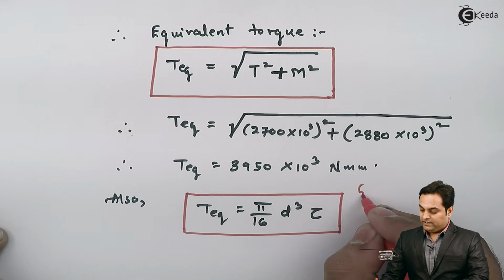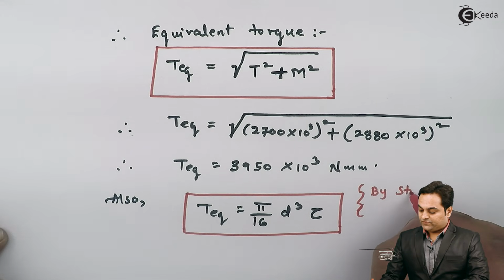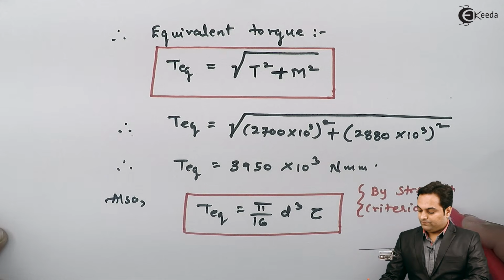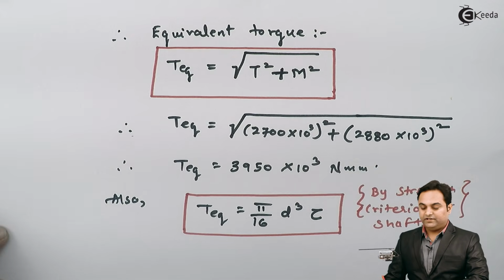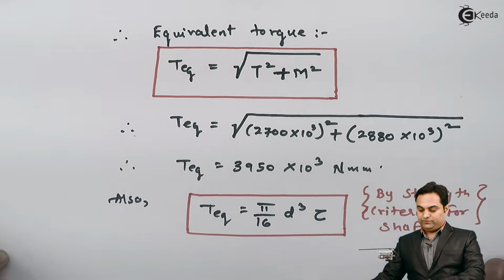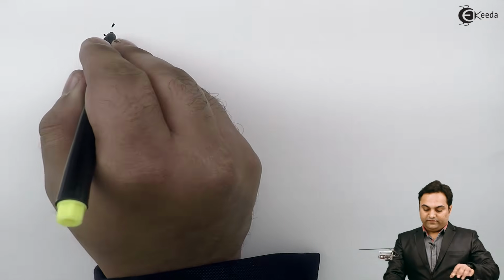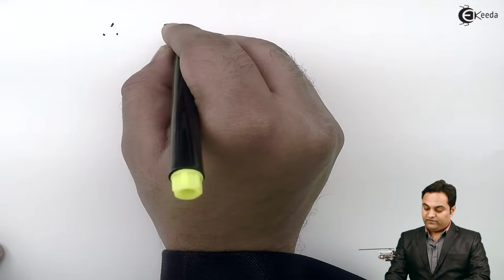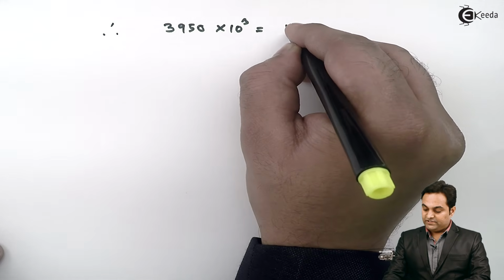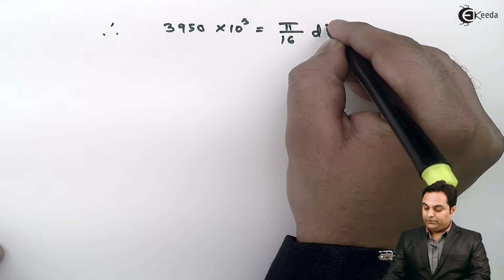This formula I can say that it is by strength criteria for shafts. This formula has come from the strength criteria. Now in this I can put all the values. So therefore the value of T equivalent is 3950 into 10 raised to 3 is equal to pi by 16 d cube into tau value.